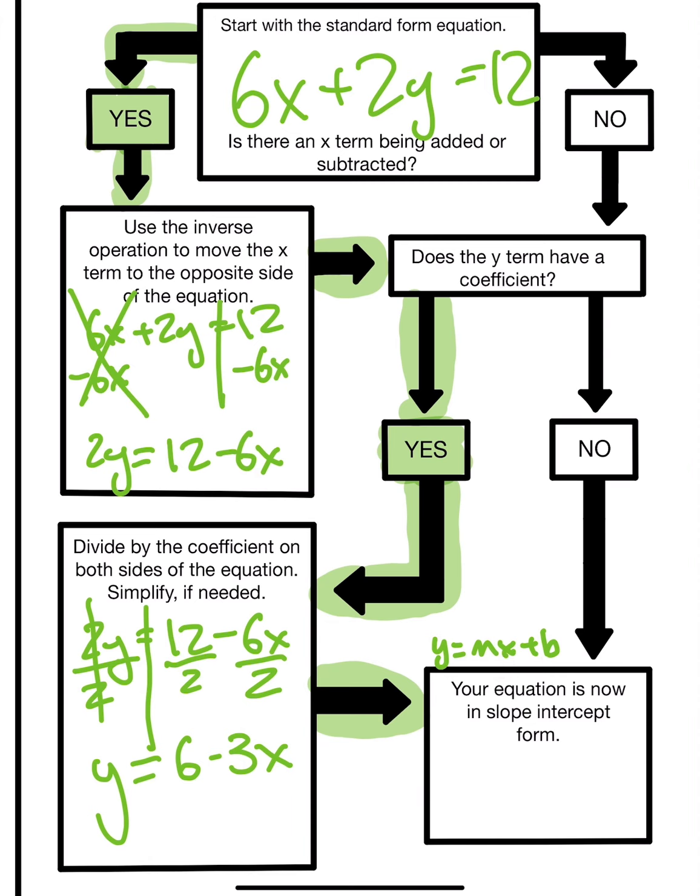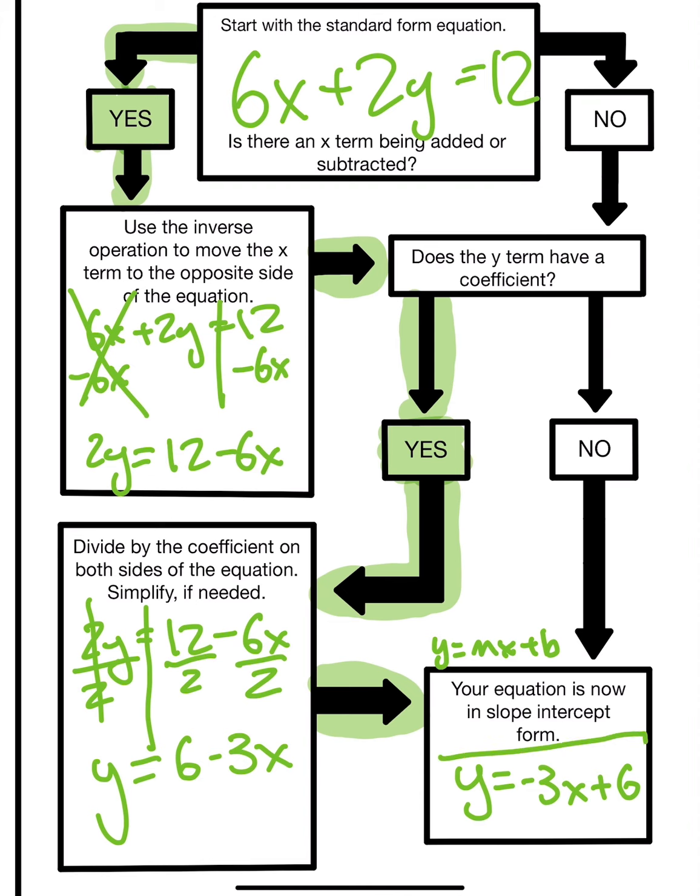And then our number comes after that. So all I'm going to do here is rewrite this, but I'm just going to switch this negative 3x and this 6. We're just going to switch places there so that our x term comes first. So we got y equals negative 3x, and we have a positive 6, so we're going to put a plus sign there.